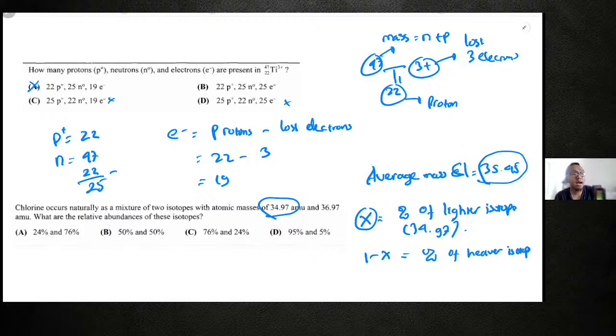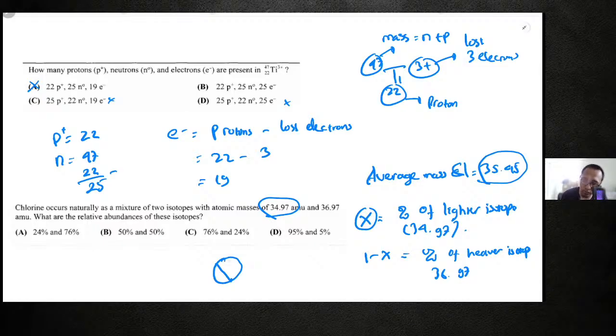The heavier isotope is 36.97, right? So assume it like this: X is the lighter one, and then 1 minus X is the heavier one. It's like you have a cake and you divide it into parts.